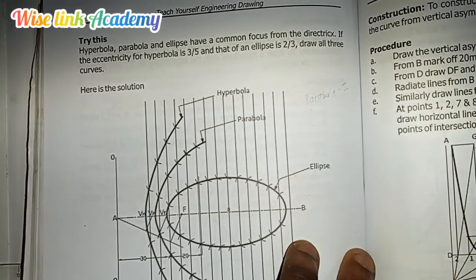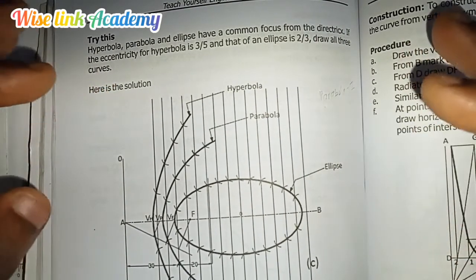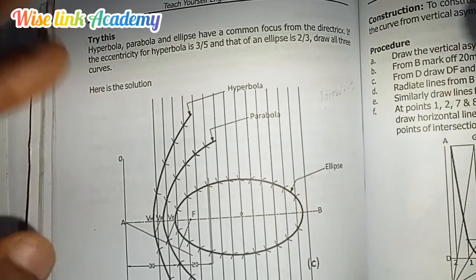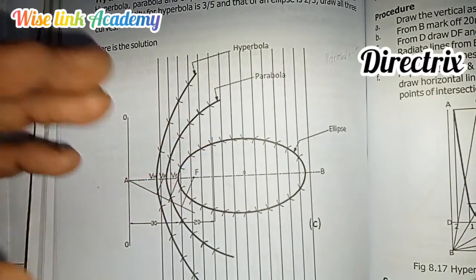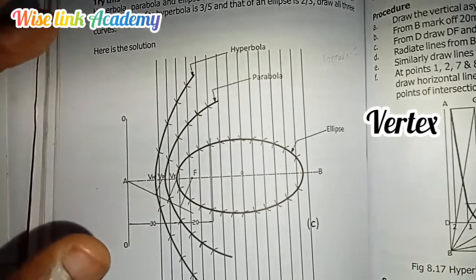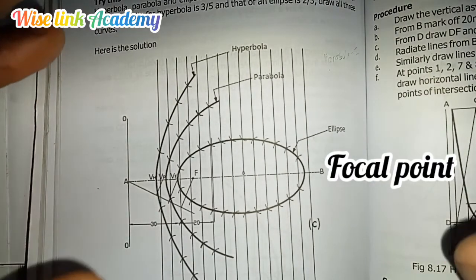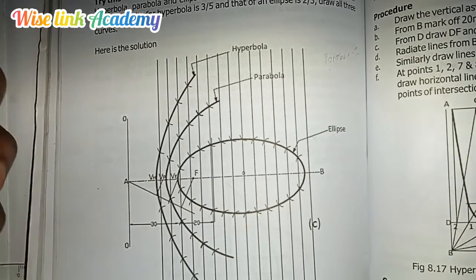So let's proceed. Before I can draw this, we need to know some basic things again. The first one is the directrix. The second one is the vertex, and the third one is the focal point. The focal point is the point at which your ellipse, your hyperbola, and your parabola are going to be formed out.